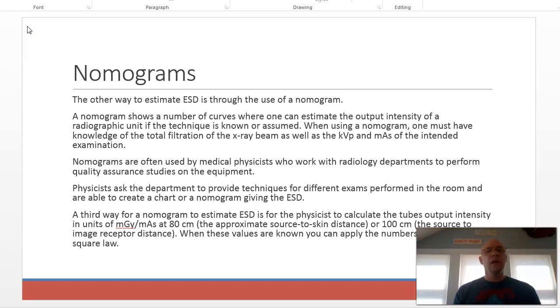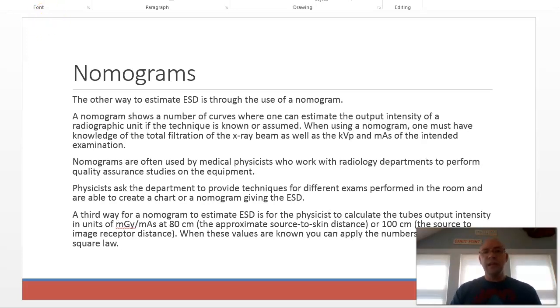Before I get there, though, another way of figuring out the entrance skin dose is to have a medical physicist come in and perform different tests on the tube to determine the intensity of the x-ray coming out of the x-ray tube. By knowing that and knowing what type of exam it is, they're able to use mathematical equations and formulas to come up with the ESD for that type of exam.